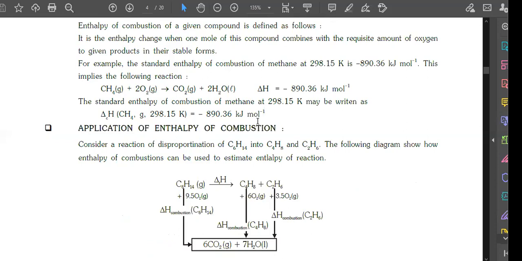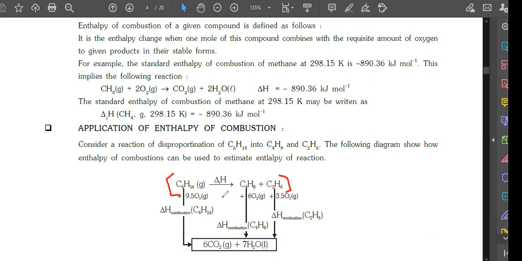So see, if you know the enthalpy of formation of any product or reactant, you can find the enthalpy of combustion. For example, see this. You have to find the change in enthalpy of this reaction.